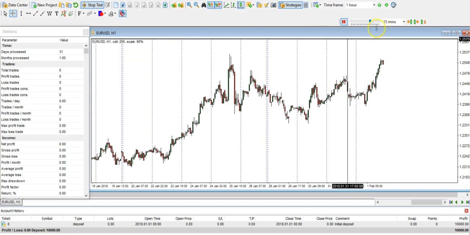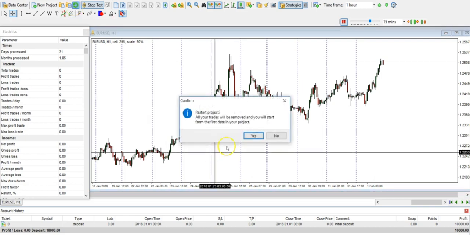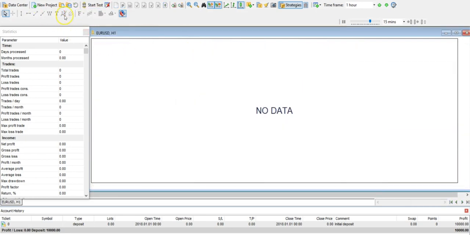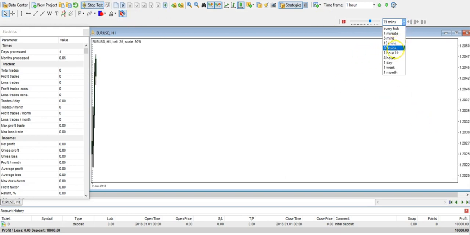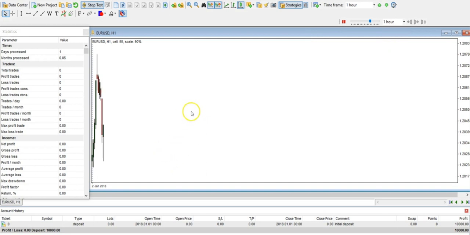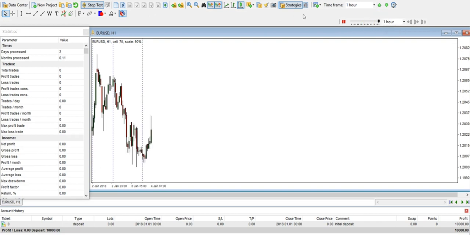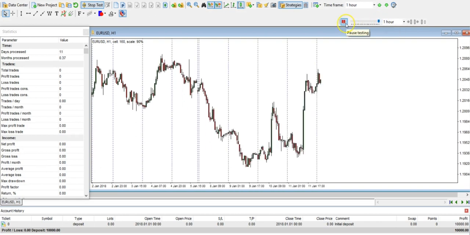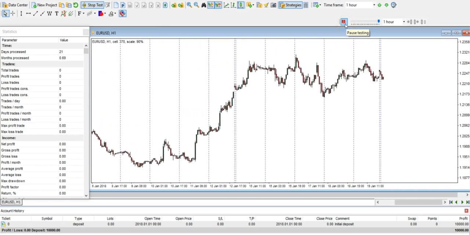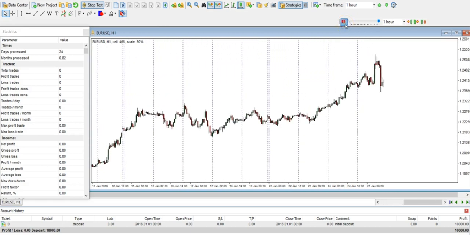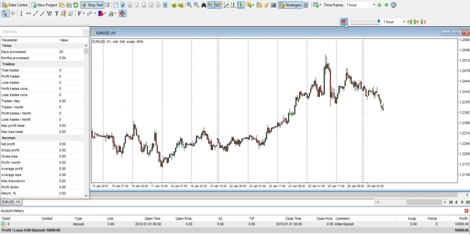Yes, I did go too fast. So I'm just going to restart that, and we'll hit start. Okay, so just going to slow her down now a bit.